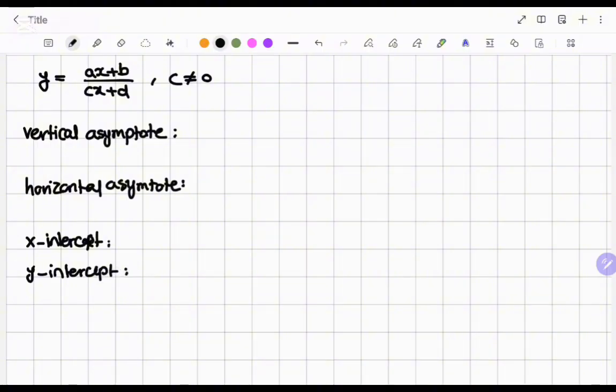These are the things that you need to pay attention to. So I'm going to start with an example, and I will be back with my example and the coordinate plane.